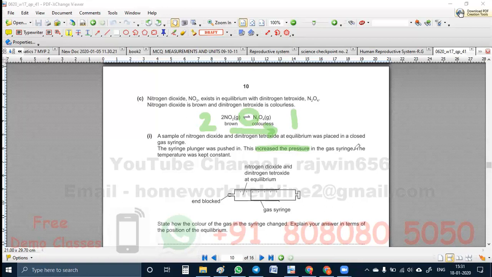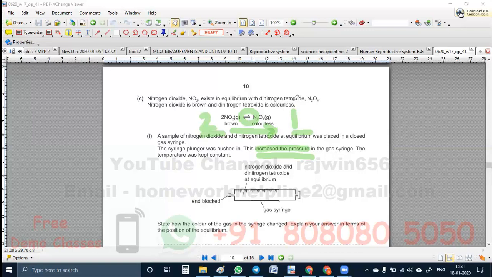So 2 volumes is becoming 1 volume. Forward reaction is proceeding with decrease in volume. So there is increase in pressure. When you are increasing the pressure, you are also trying to reduce the volume. It means you are helping the forward reaction to take place.